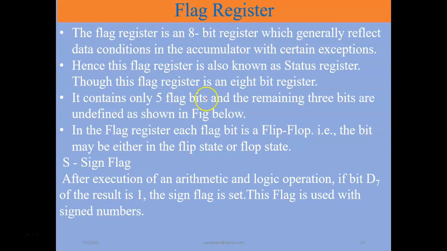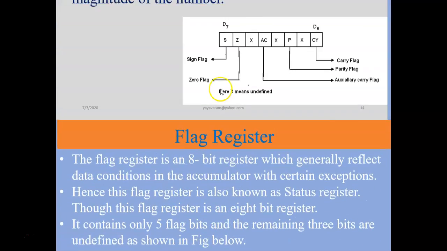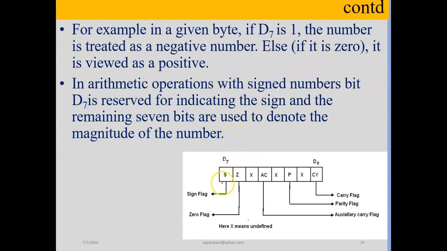To understand this, the first one is the sign flag. I have shown the diagram also. The bits are sign flag, zero flag, X meaning not defined, auxiliary carry, not defined, P meaning parity, CY meaning carry flag.